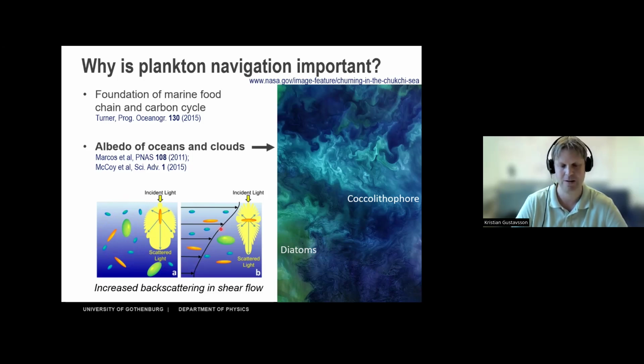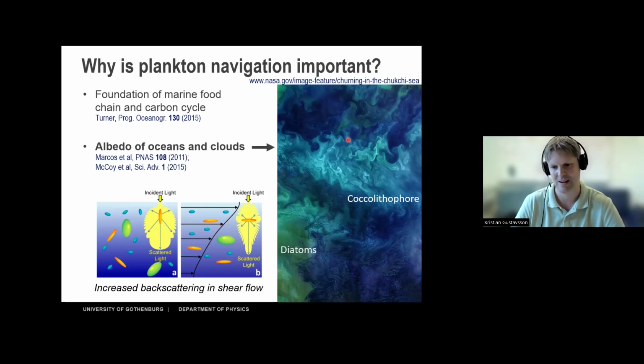In particular, together with different flow structures, we can get some alignment behavior. If you have a typical shear flow, elongated plankton will align, and that will reduce the incoming light. The question is how much these reductions change if we change the turbulence intensities due to climate change and so on.